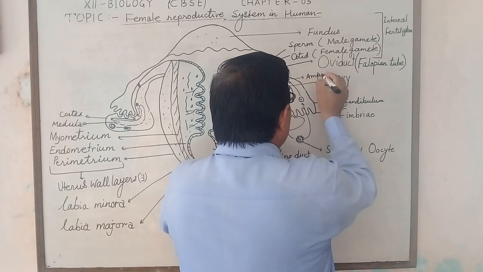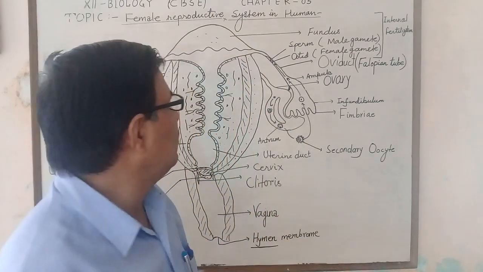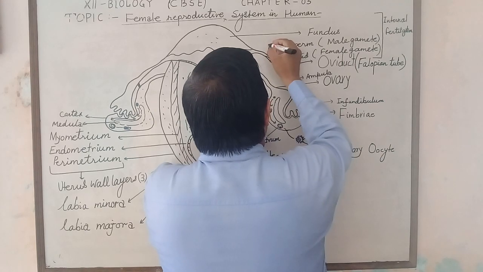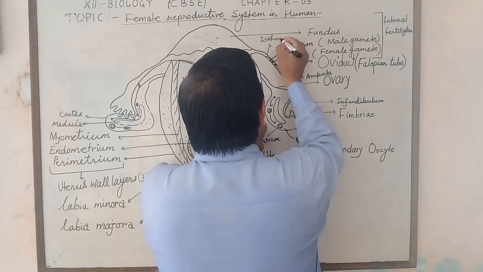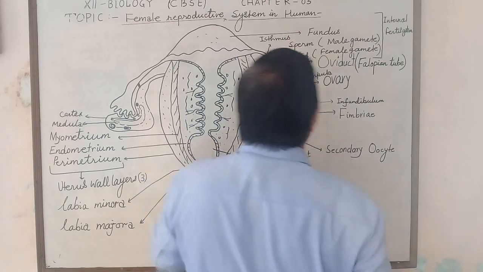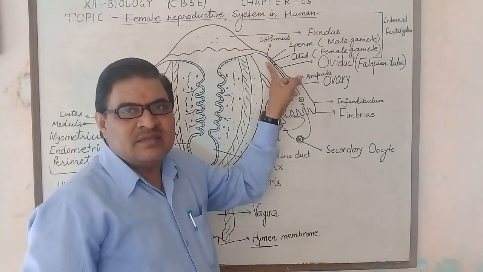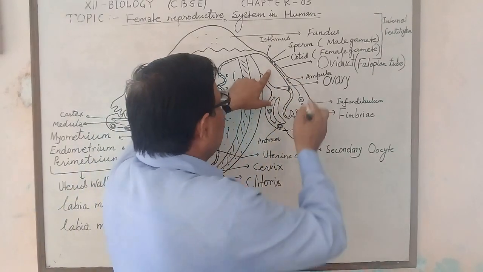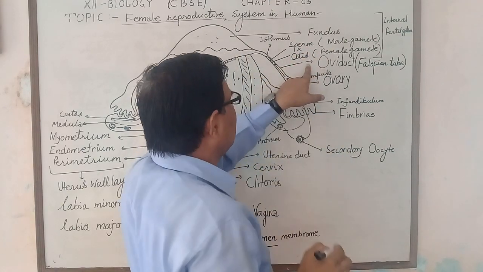After the ampulla, the oviduct becomes very narrow. This narrow part is called the isthmus, and the isthmus-ampulla junction is the place where fusion of sperm and oocyte occurs.